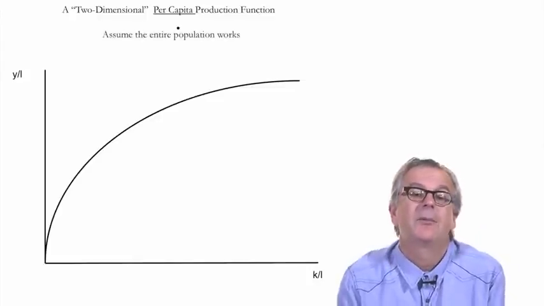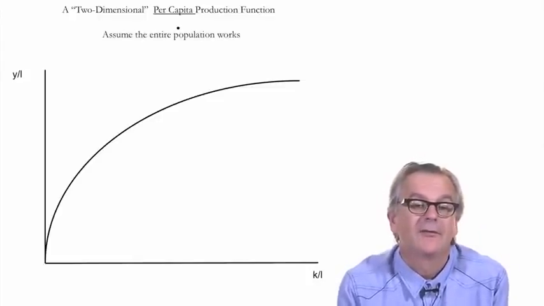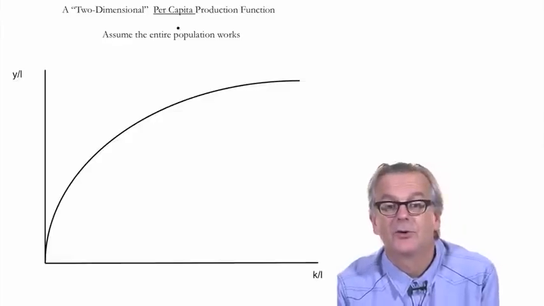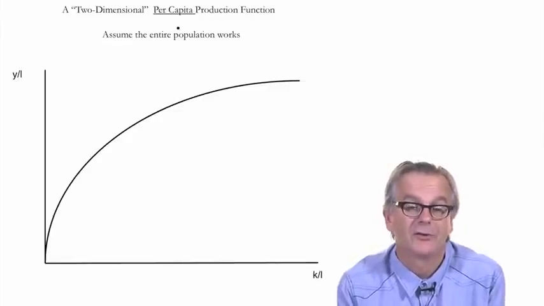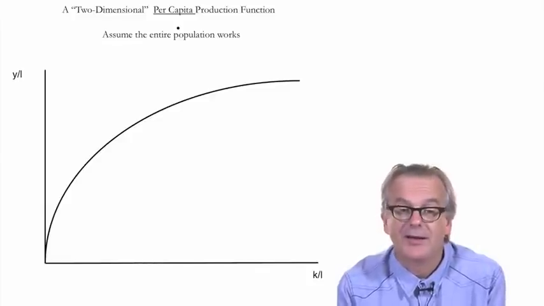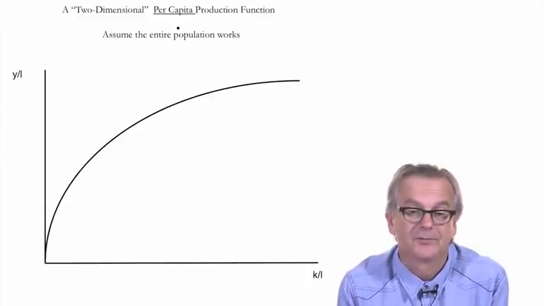And I'm going to do that by making a very simple assumption, which is going to enable us to work in per capita terms very conveniently. And this is to assume that everybody in the population works.